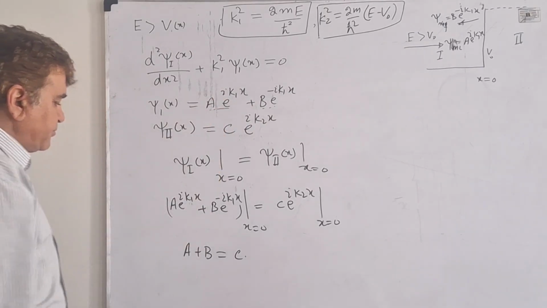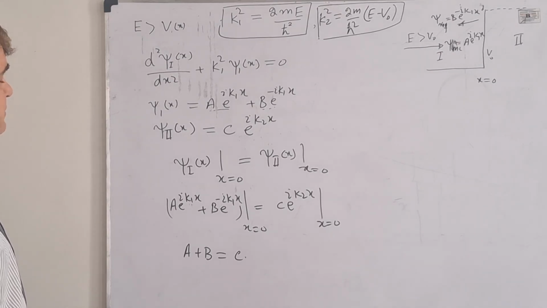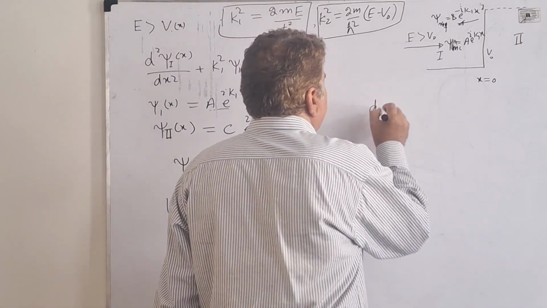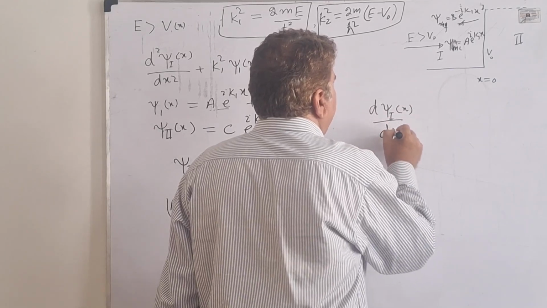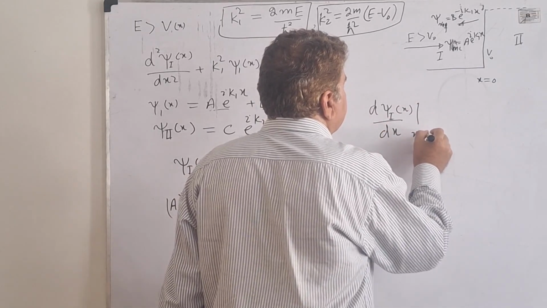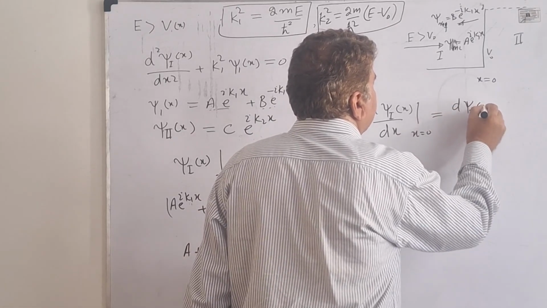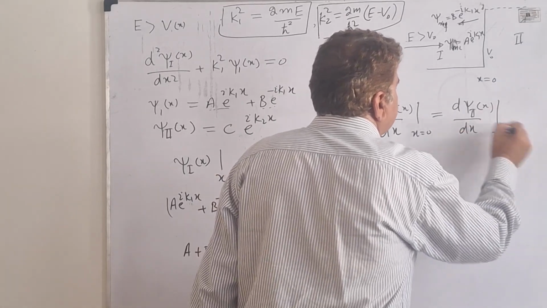This is one equation that links the probability amplitudes in the two waves with each other. And now, using the second condition, that the derivative of the two wave functions must be continuous at the boundary, means the derivative d psi 1 over dx at x equals 0 must be equal to d psi 2 over dx at x equals 0.